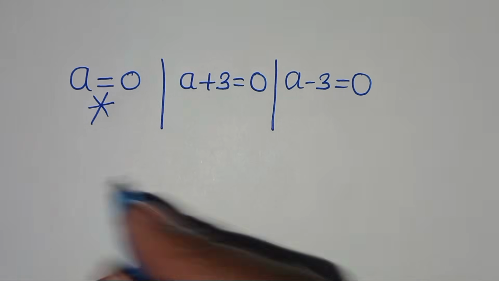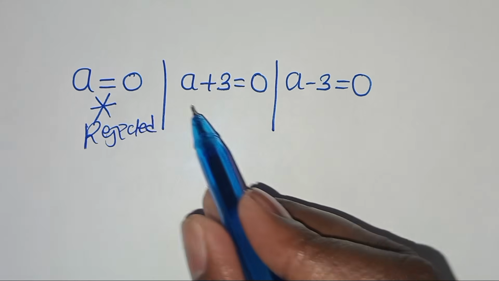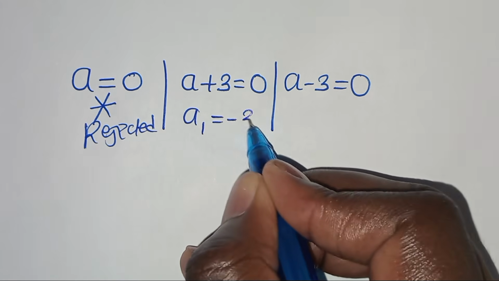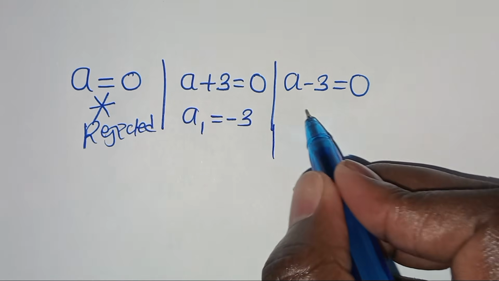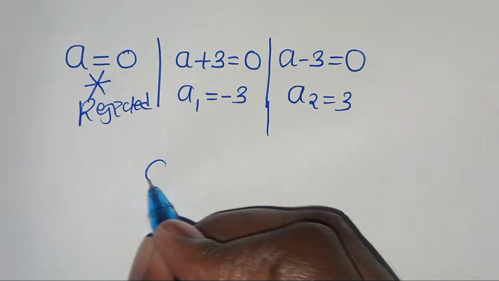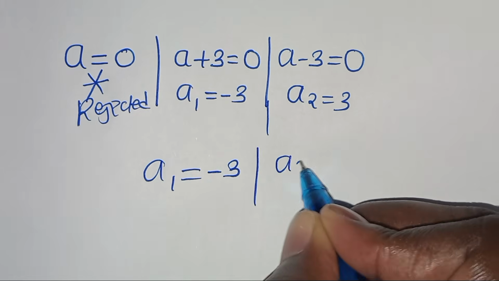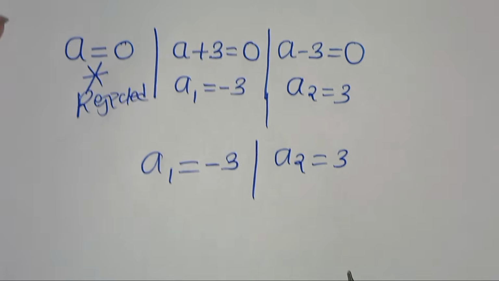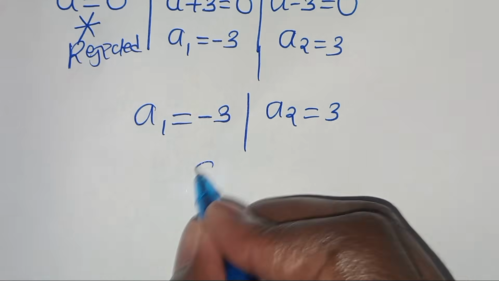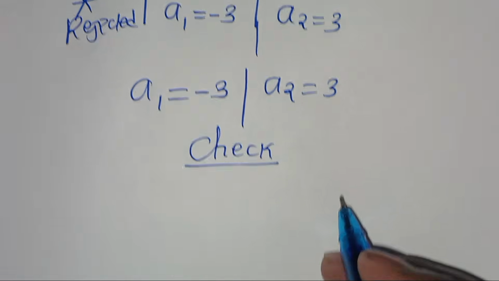So the first case is rejected. The second case, we have a1 is equal to minus 3. The third case, we have a2 is equal to 3. Now these are the solutions to this algebra problem. Now let's check if these two solutions satisfy the equation.